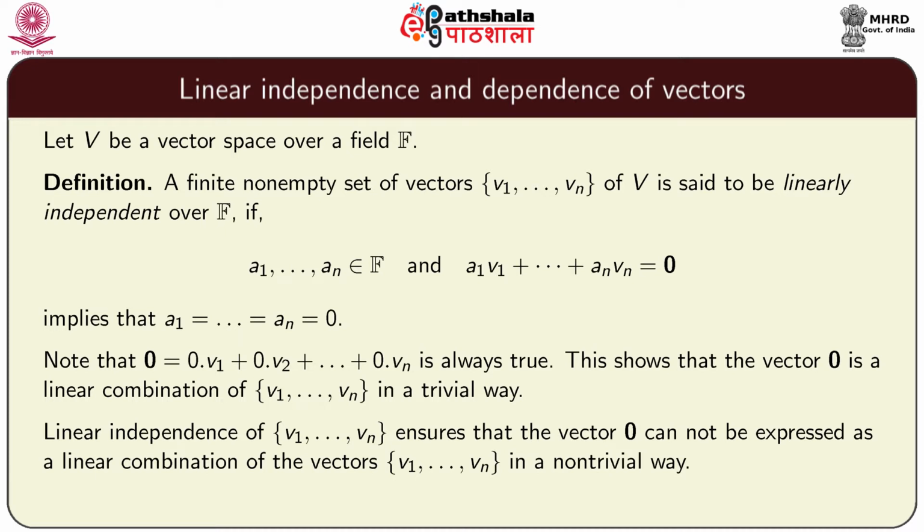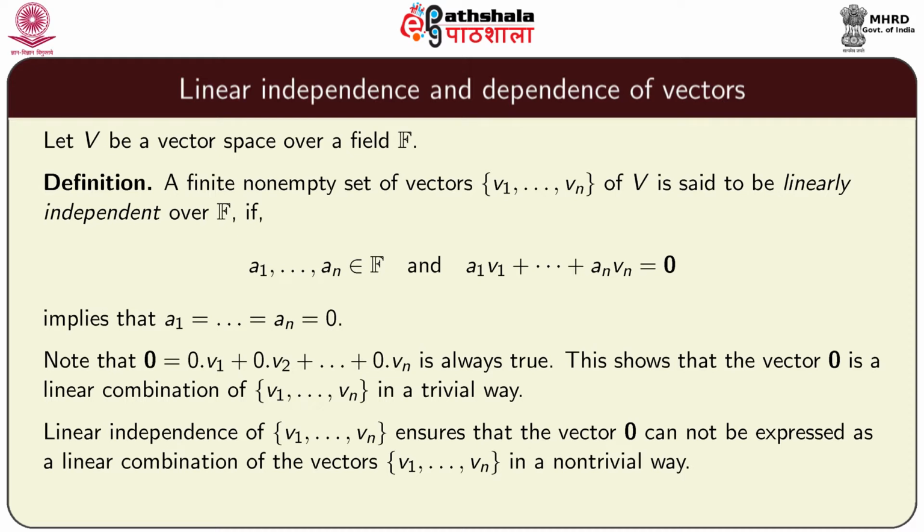What does that mean? We have the trivial linear combination, that means 0 dot V1 plus 0 dot V2 etc. up to 0 dot Vn is equal to the 0 vector, and this is always true. Therefore, the 0 vector is surely a linear combination of V1, V2, ..., Vn, whatever these are.